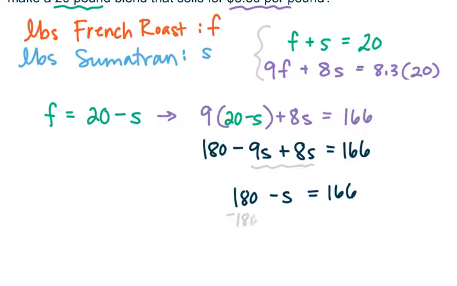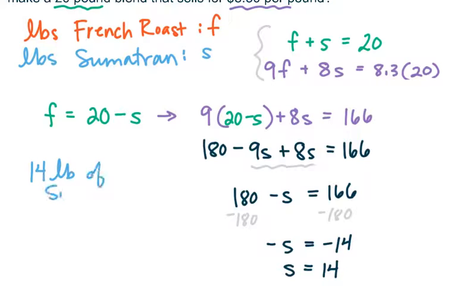I'll subtract 180 from both sides of the equation, and that gives me that negative s equals negative 14. Dividing by a negative on both sides, we get s equals 14. So what does s mean? S means pounds of Sumatran. So we need 14 pounds of Sumatran.